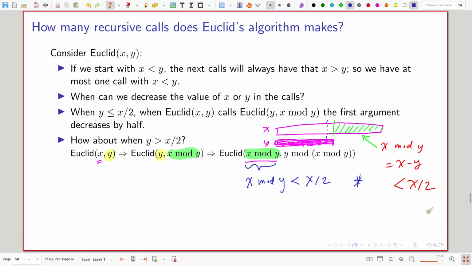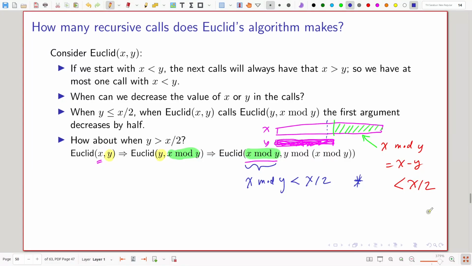When we talk about the running time, we want to make sure that the first argument decreases really quickly. There are two ways that happens. The first is when y is small. If y is less than half of x, after one recursive call, the first argument decreases by half.